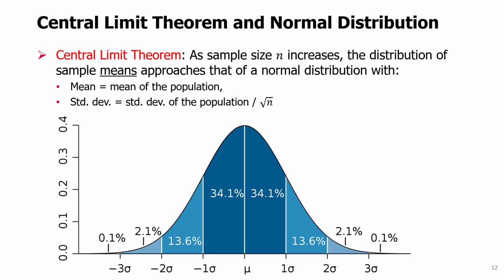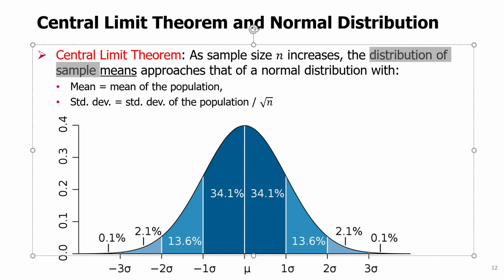So the central limit theorem tells us that if you take the distribution of sample means, right, means of samples of some units. For example, I have a number of products, right? I'm producing a large number, and I take a sample of n, let's say 10 units or 20 or 30.